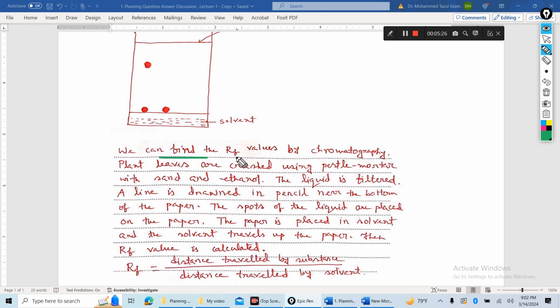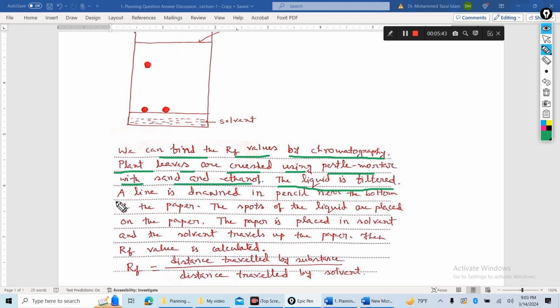We can find the RF value by the chromatography method. At first, plant leaves are crushed using pestle and mortar with sand and ethanol. Then the liquid is filtered.